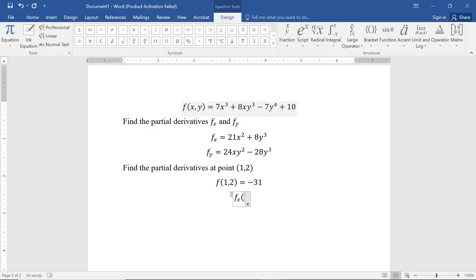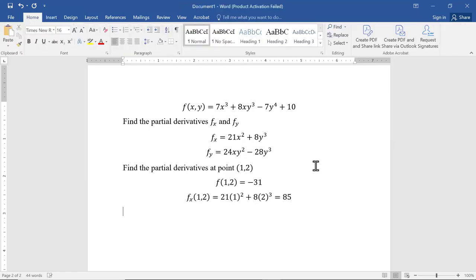Now my f sub x at the point 1, 2, well, I would plug in 1 for x and 2 for y. So we get 21 times 1 squared plus 8 times 2 to the third. So my f sub x becomes 85 when we're at the point 1, 2.